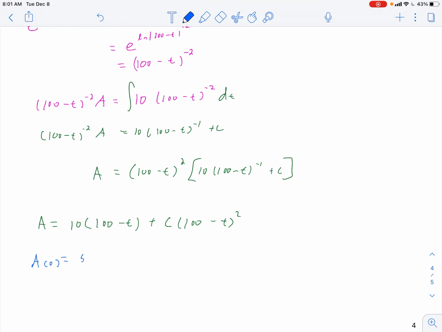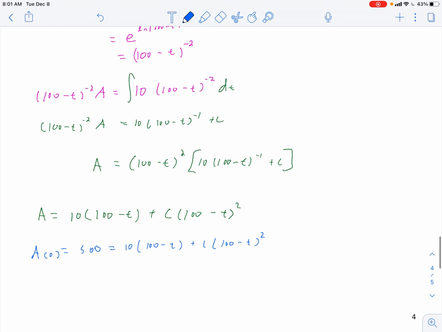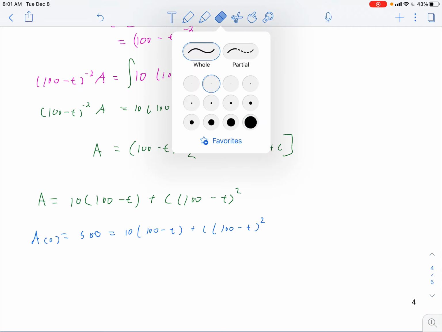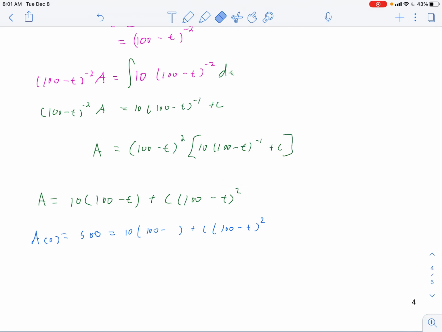So we know that a sub 0 is going to be 500, and that's equal to our equation, 10 times 100 minus t plus c times 100 minus t squared. Now, we want to solve for c. We're going to plug in 0 for everywhere that we have a t.